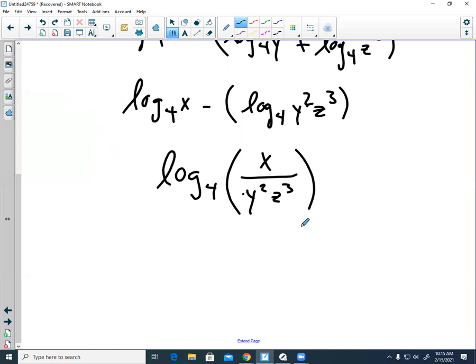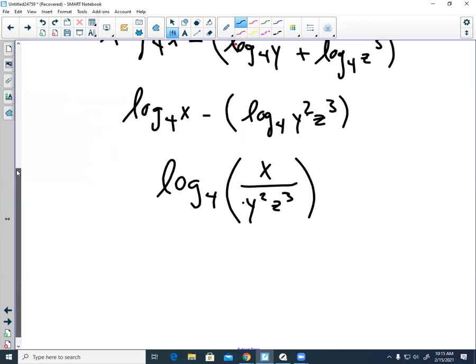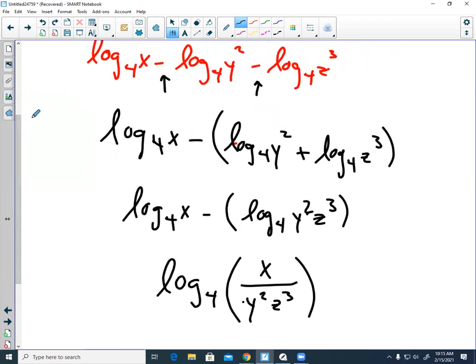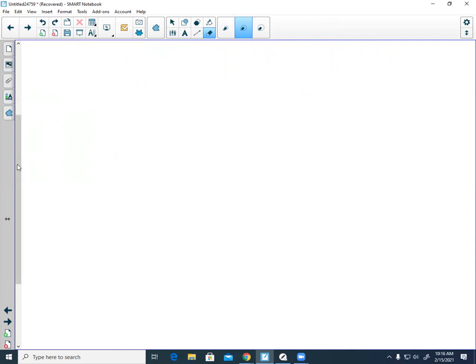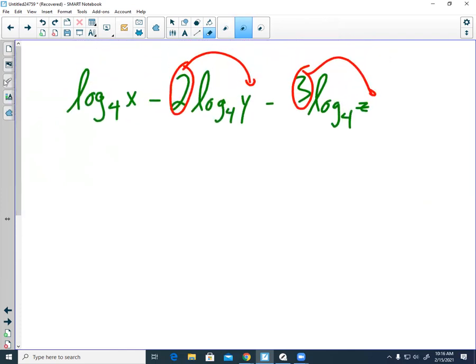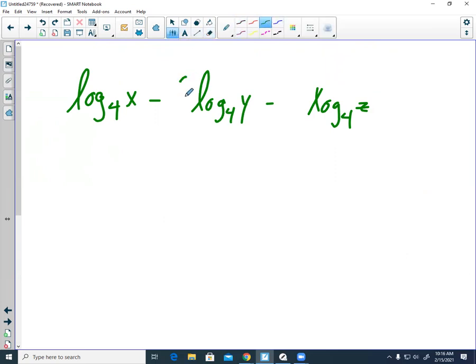All right? So the second option that you could use could look like this. Instead of distributing that power right away, I'm also going to distribute the sign with it.